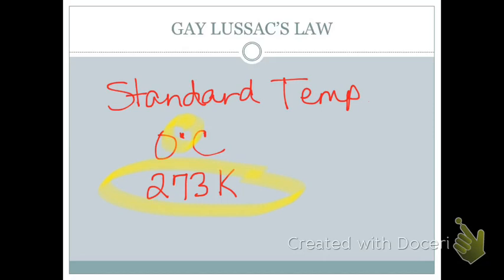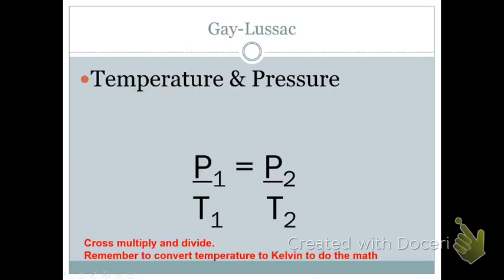Okay? So, looking at Gay-Lussac's law, we are looking at a gas in the conditions of its temperature and its pressure. In this case, the volume of the gas is going to stay constant. Below, you see the formula for Gay-Lussac. And with Gay-Lussac, we have two ratios equal to each other in value.